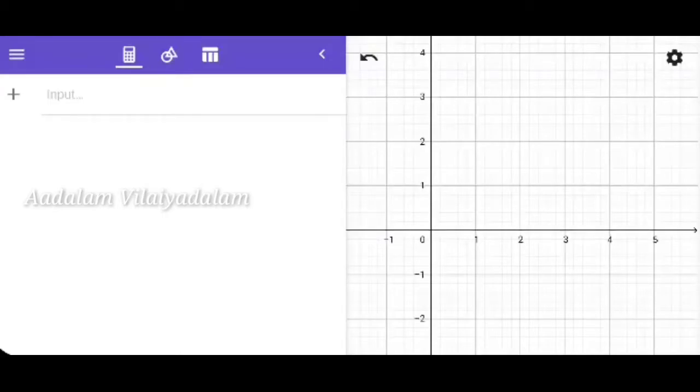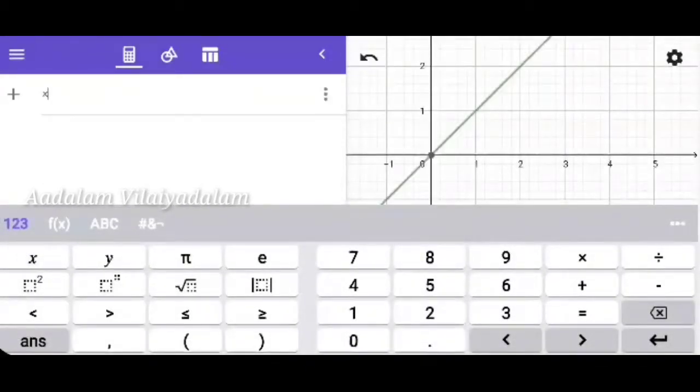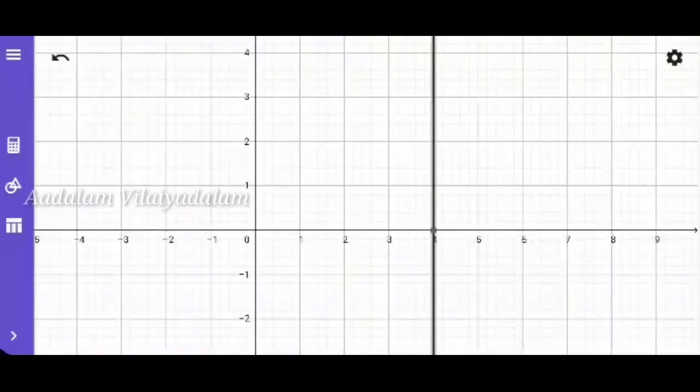Here I am giving the input for the equation x equal to 4. Then I am getting the line which is vertical and parallel to the y-axis. So this is what we get when we plot a linear equation in one variable in the graph.